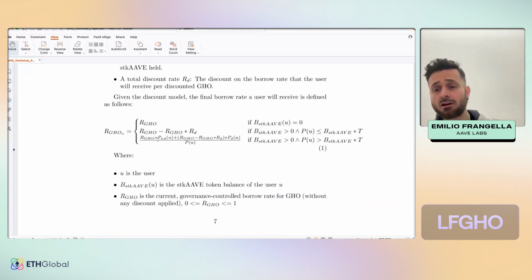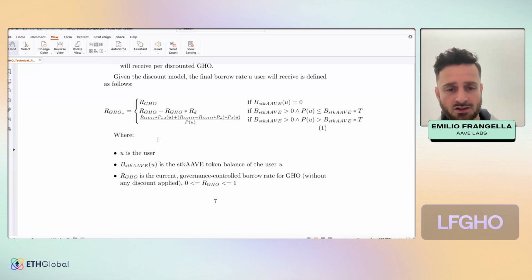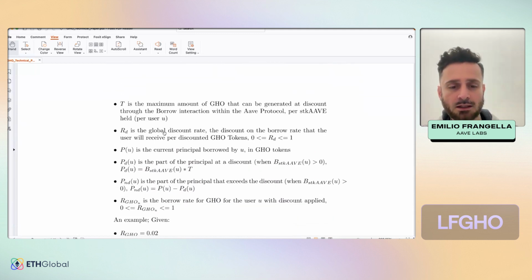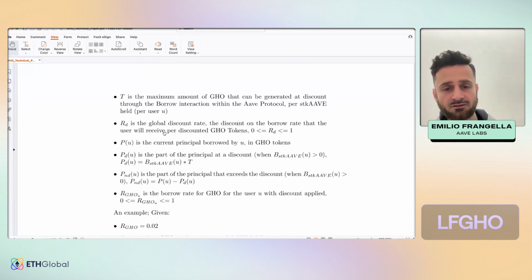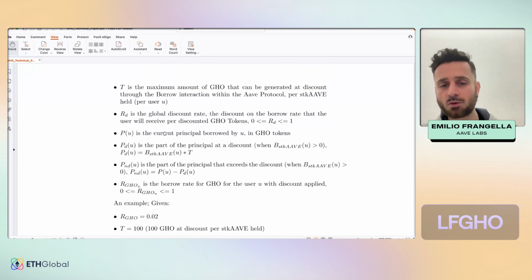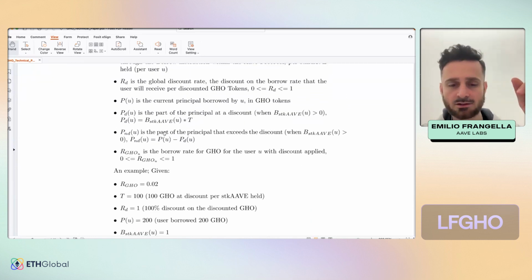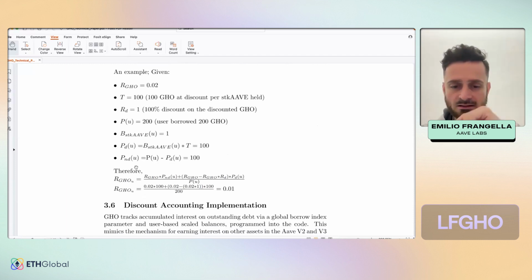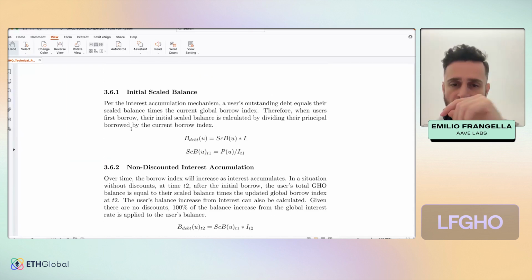So here are the formulas for the calculation. Those are very simple. This is actually just a weighted average. I will link later the URL of the tech paper. And here are a few examples of how the interest rate considering the discount is calculated.